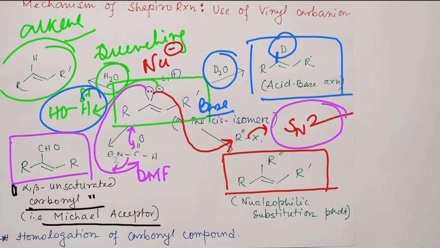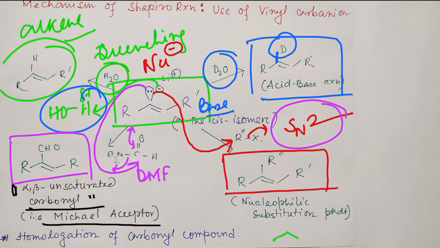And these Michael acceptors are very important in synthetic organic chemistry, because they show different types of versatile reactions, and I have discussed this Michael addition reaction previously. So if you want to learn the application of these Michael acceptors, you may watch that video, I shall provide the link. And finally, what are we getting in this reaction?